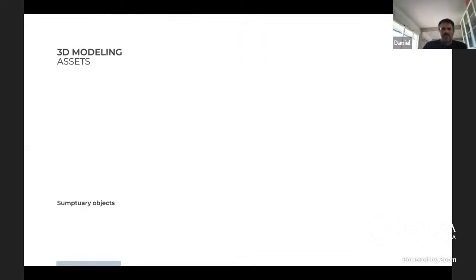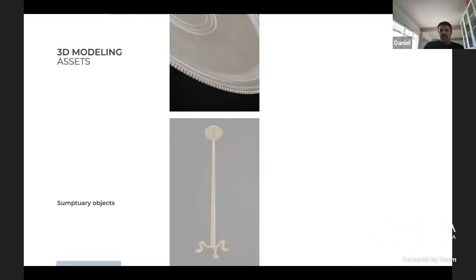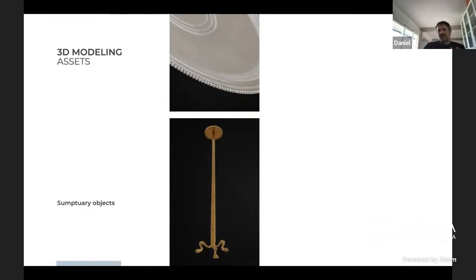Now, modeling in a project of this magnitude includes different types of 3D modeling. It's not just 3D modeling, generally speaking, because it's not the same to work with architecture as with, I don't know, jewelry or clothing or character creation.